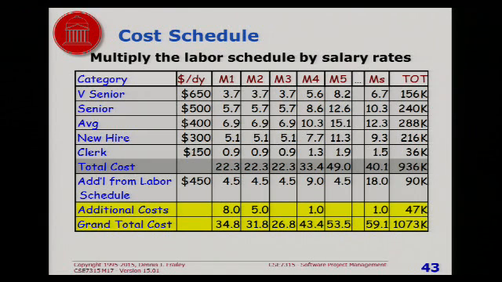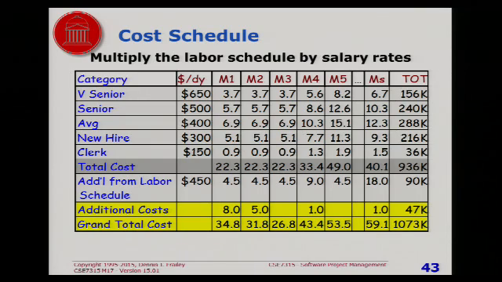And it looks exactly like the labor schedule, except that you have dollars or thousands of dollars instead of hours of labor. So you can see not only how much money you need each month, but where you're going to spend it, what you're going to be spending it on. And you can add, it says additional costs here. This is where you've decided, okay, in addition to all this stuff, I also have to buy some computers or whatever, and you can add additional costs in there if you want to.